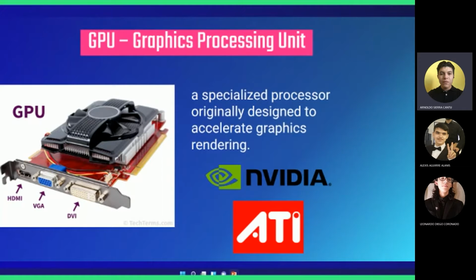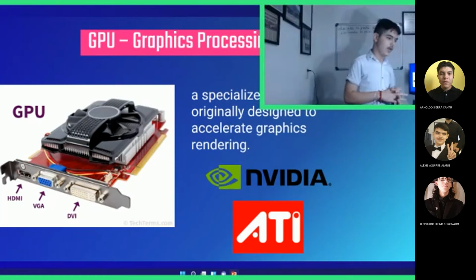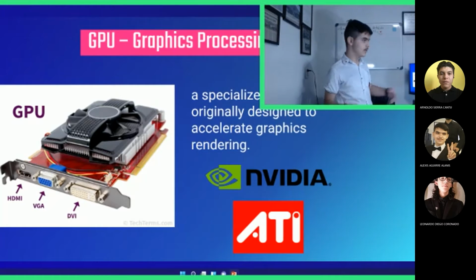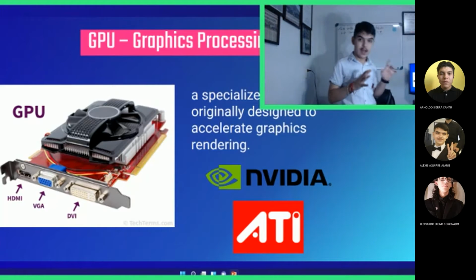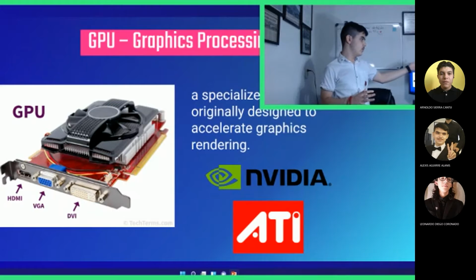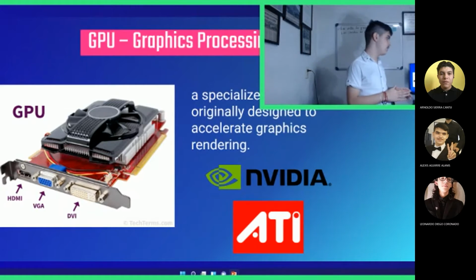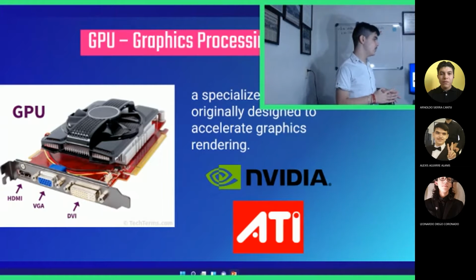Now, about these things that you are seeing in this monitor, the GPU is very important. The CPU can create these images, but it will be very slow because there are not a lot of cores. A GPU is a dedicated graphics unit that has a lot of cores. In this case, we are seeing a very basic GPU that has an HDMI port, a VGA port, and a DVI port.